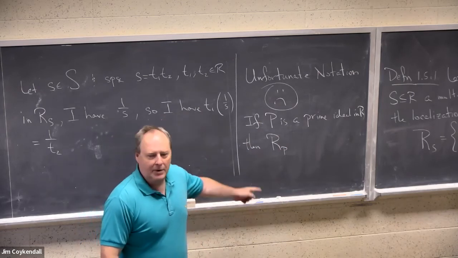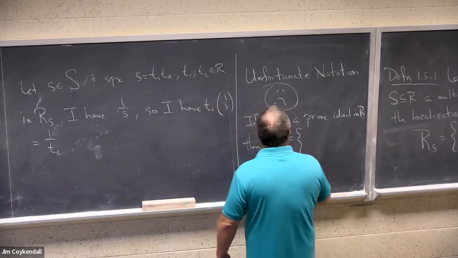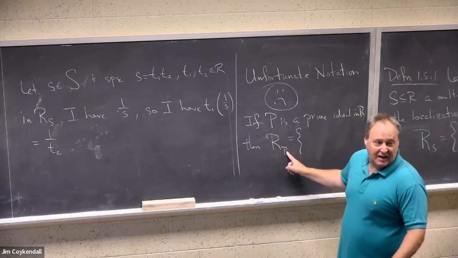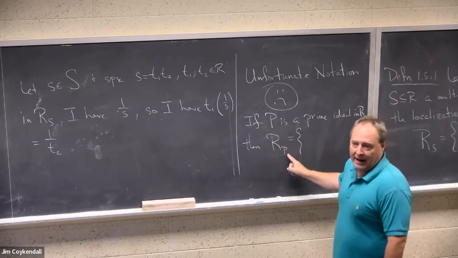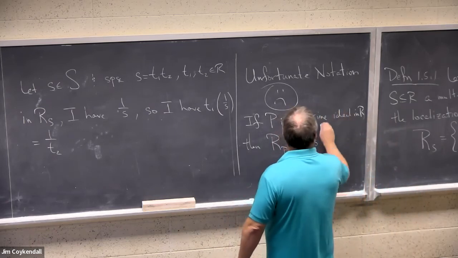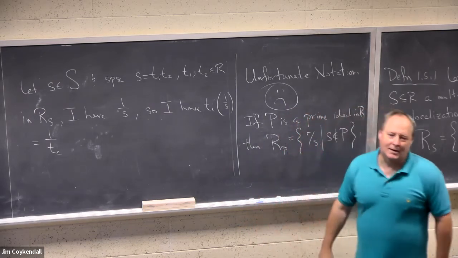Because you've got 0 in P. This is the unfortunate part. What this means is, if this is just a set, then the denominators come out of the set. If this is a prime ideal, this means not in.